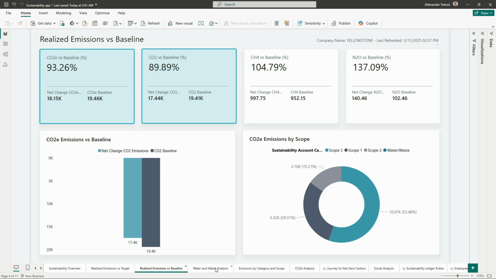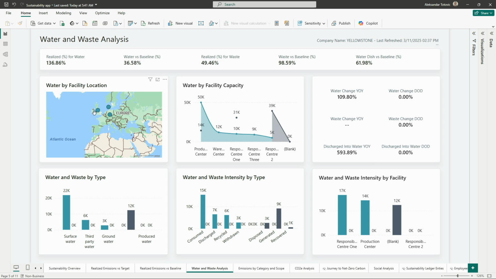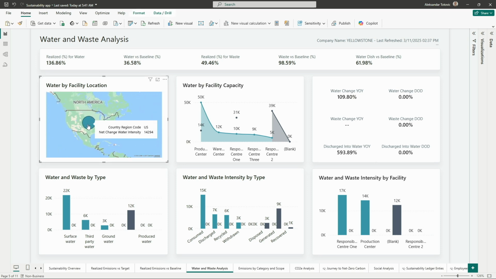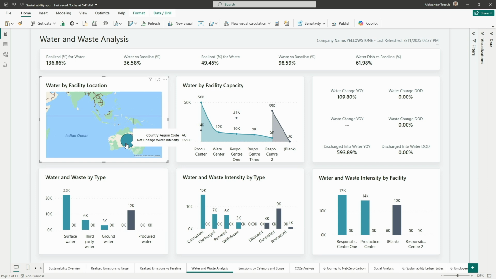Now we can switch to water and waste analysis. Here you can see water intensity by different countries. We have here, for example, in the United States, 14,000 liters or cubic meters, depending on how you measure. We have something in Australia, a little bit more. So you have all these details about your water impact around the world or in the country where you are operating.